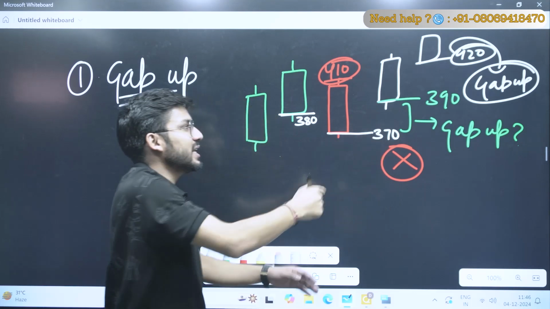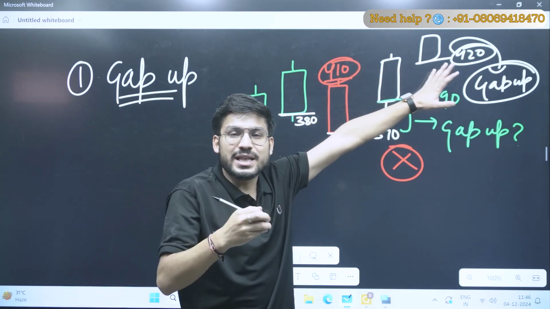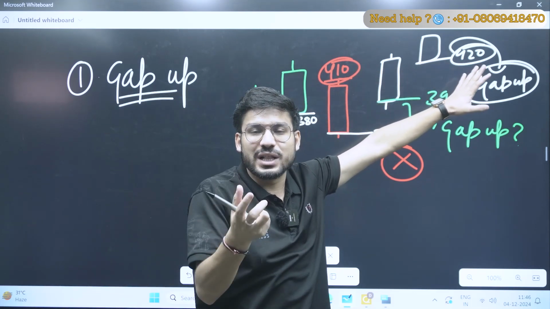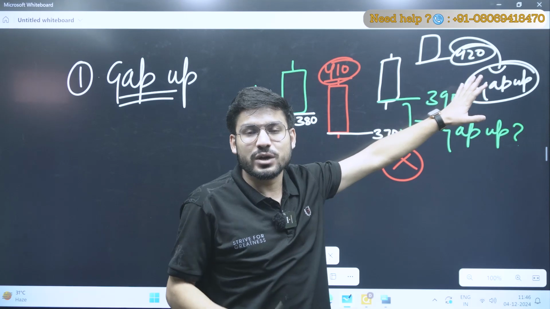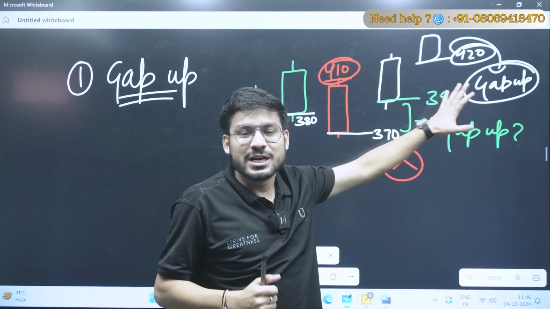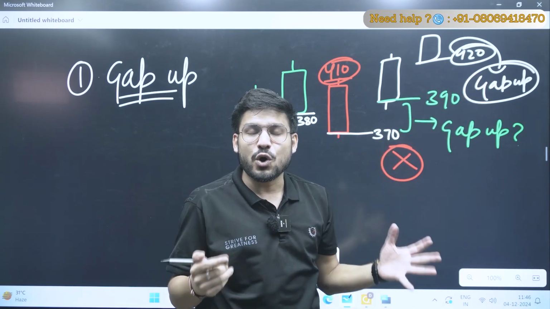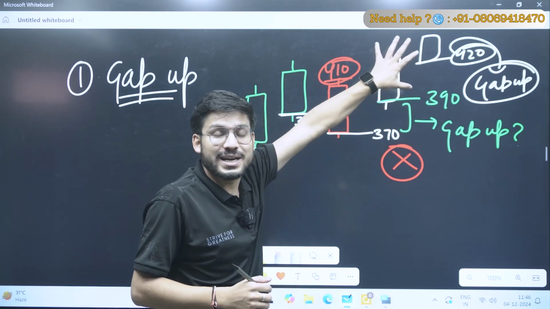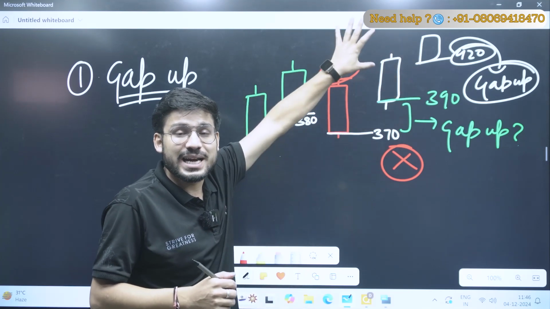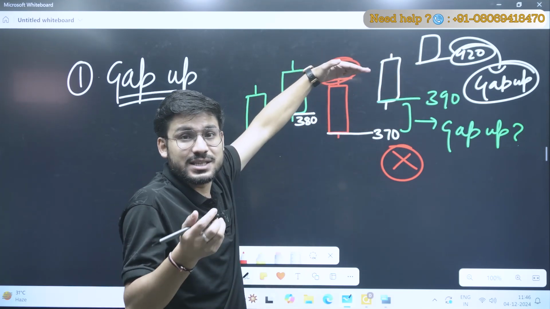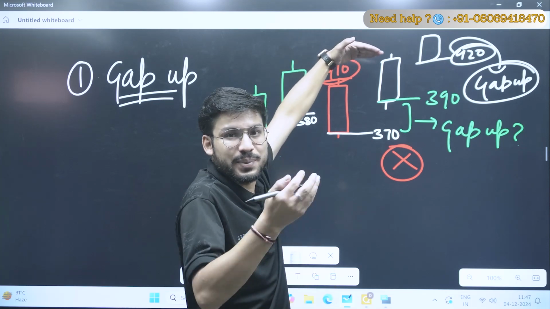Whenever there is a gap up, the market retraces back to fill that gap, and that is what you know as gap filling. Gap filling works flawlessly whenever there is a proper gap up in the market, when the next day candle starts above the previous day high.